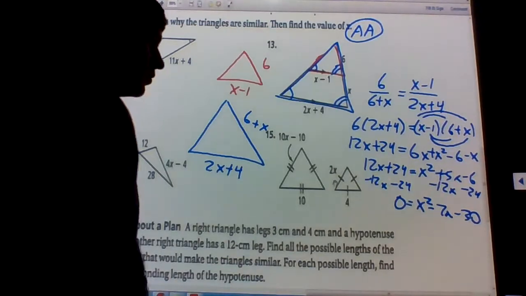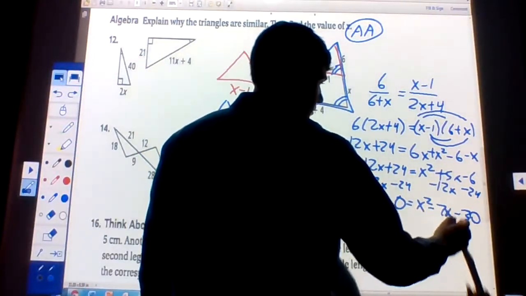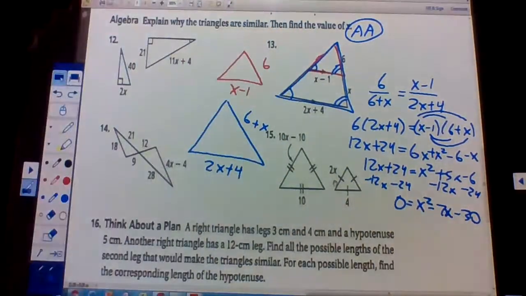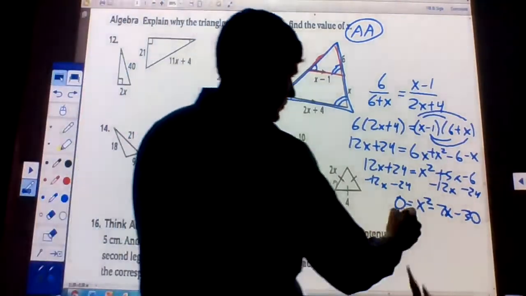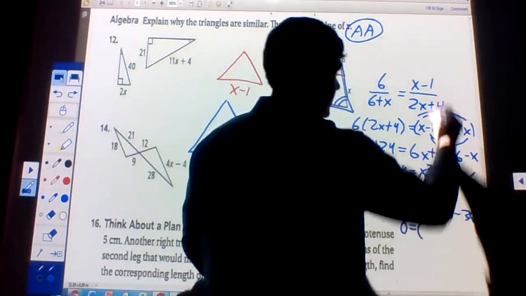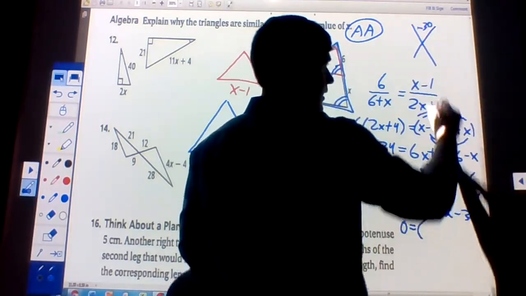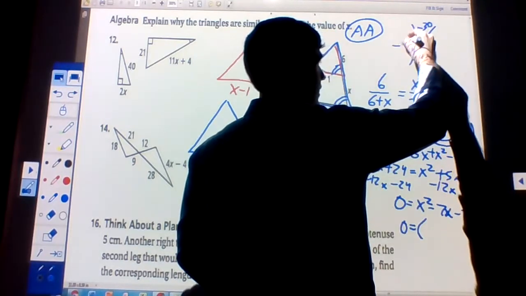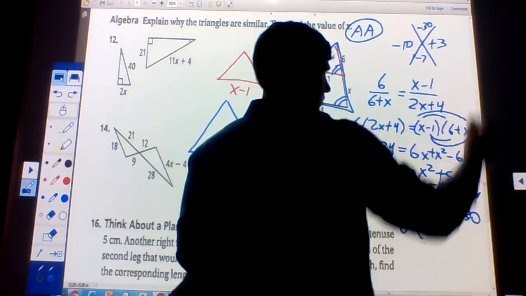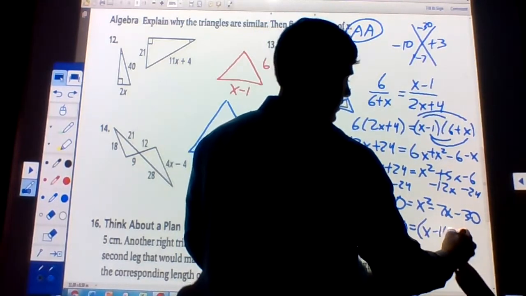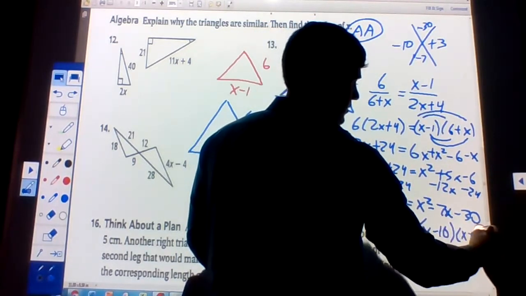And so looks like there are also going to be fractions here. Nope, 10 and 3. So we do our x method, something that multiplies to negative 30 and adds to negative 7 is going to be negative 10 and positive 3. So x minus 10 and then x plus 3.